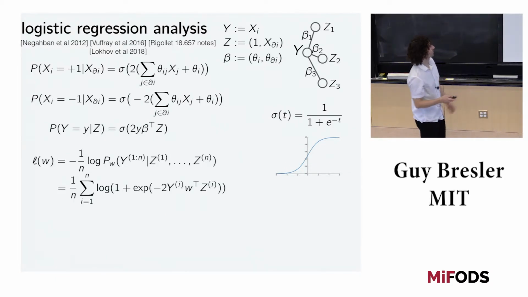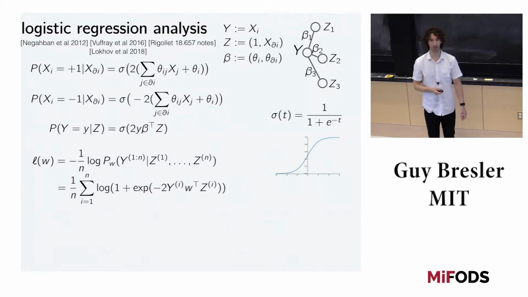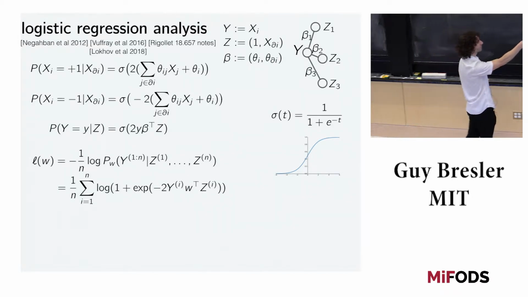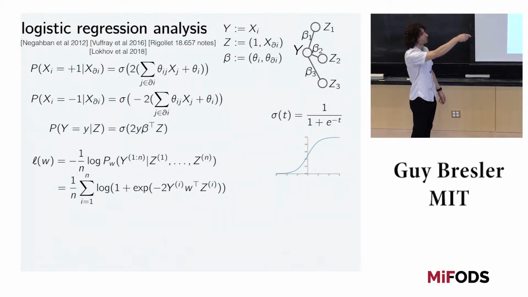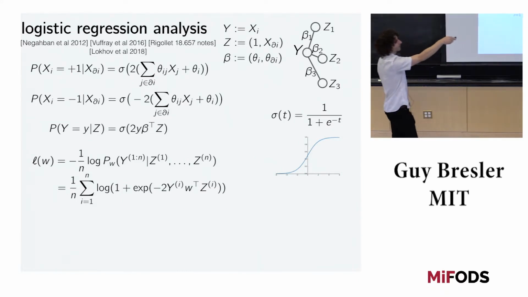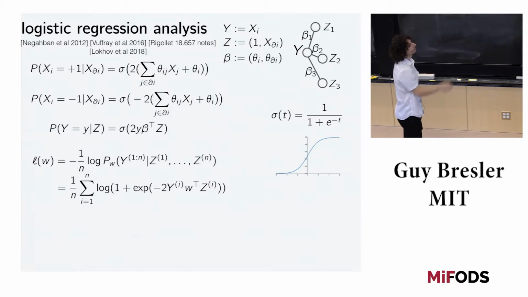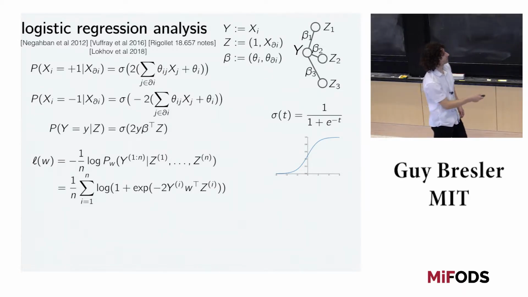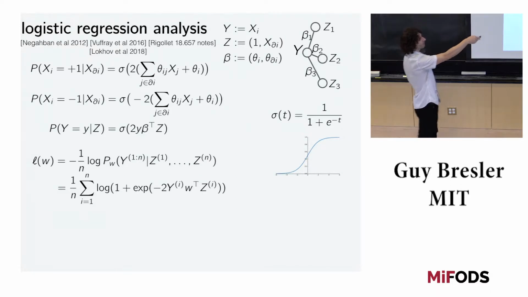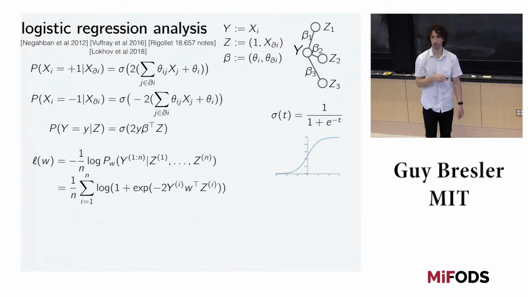You're trying to guess what y is. So sort of the thing that every statistician would try as a first attempt would be to maximize the likelihood. And so we can write the negative log likelihood that's suitably normalized of our entire data set. So we have y1 through yn and z1 through zn. We just realize that this is a product over the different samples, because all of the samples are assumed to be IID.